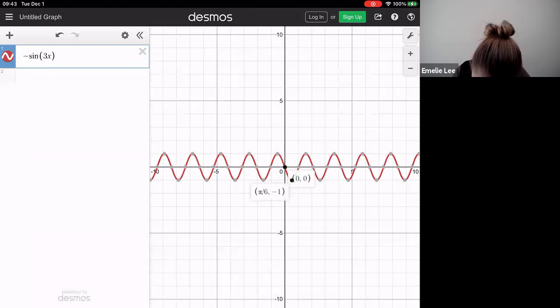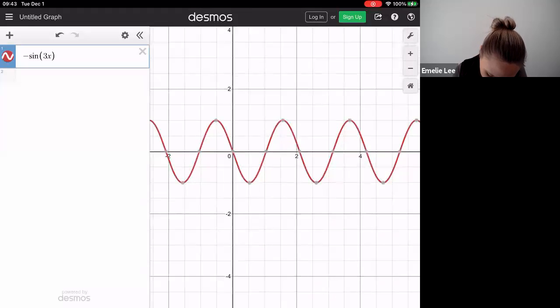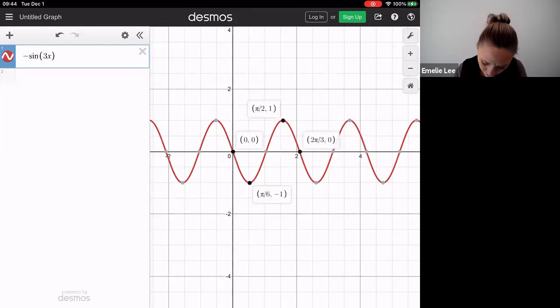So notice we start at 0, 0, and it even gives us the cutoff points, really nice in exact form. So it's starting at 0, 0.